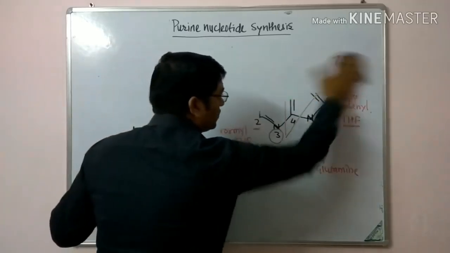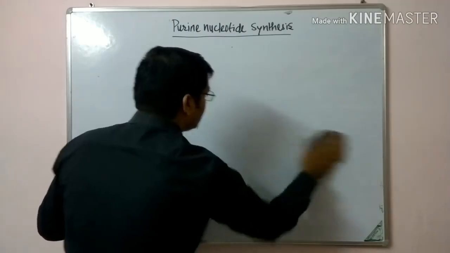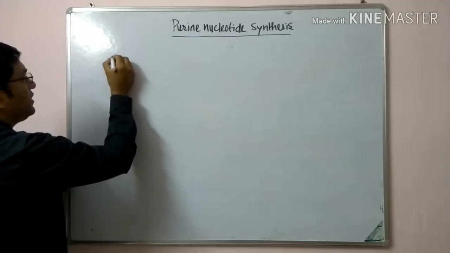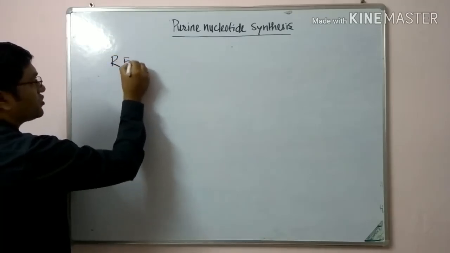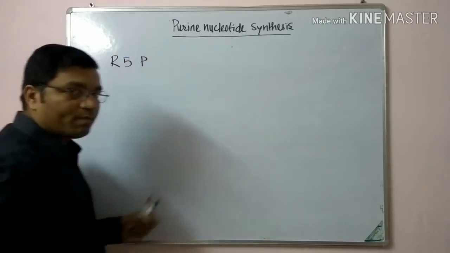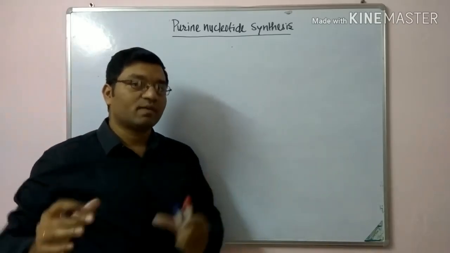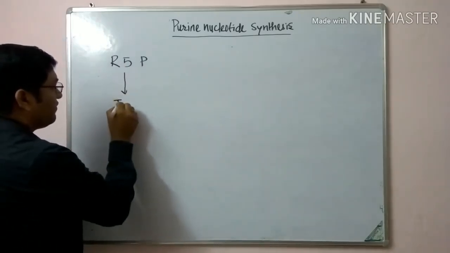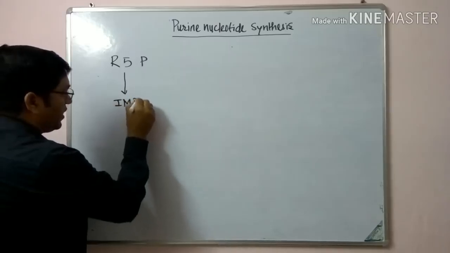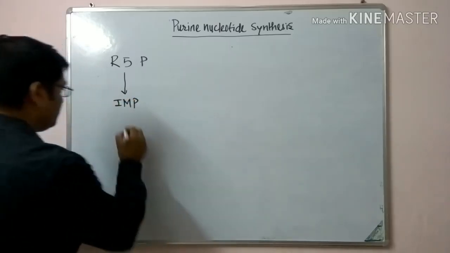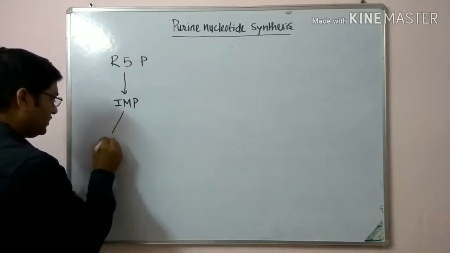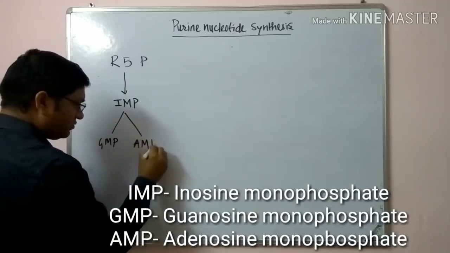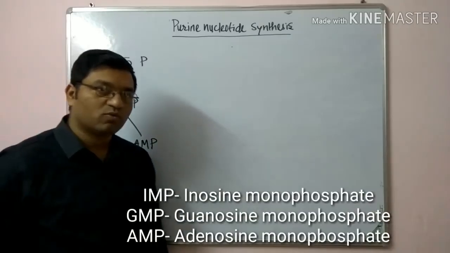In purine nucleotide synthesis, there is synthesis of IMP first. Purines are built up on the pre-existing ribose 5-phosphate. From this IMP you will get GMP and AMP, guanosine monophosphate and adenosine monophosphate.